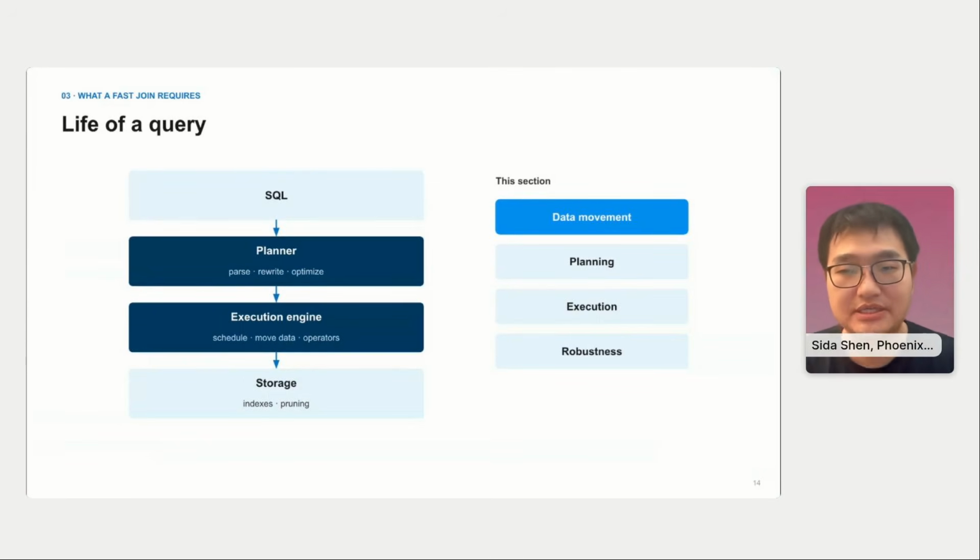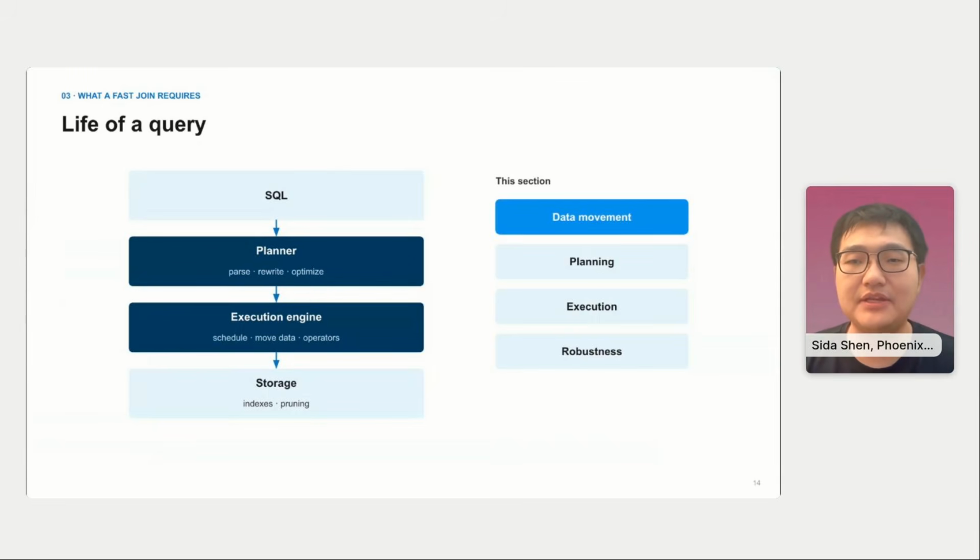So first, we're going to take a look at the life of a query, right? What actually happens inside of a database when you run a SQL query? This is very abstracted, just 4 parts. From SQL, we simplify it, put it in a logic tree, and feed that into the planner.